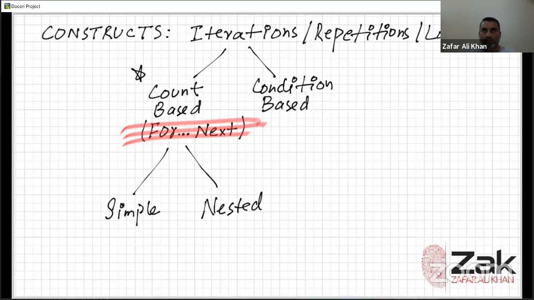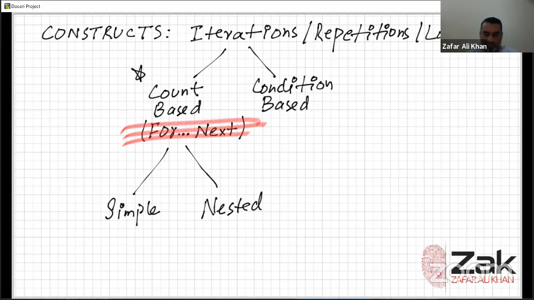Let's have a quick revision of what we did last time, and then we continue. We discussed last time about the constructs.